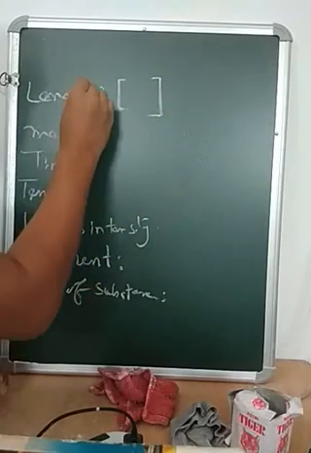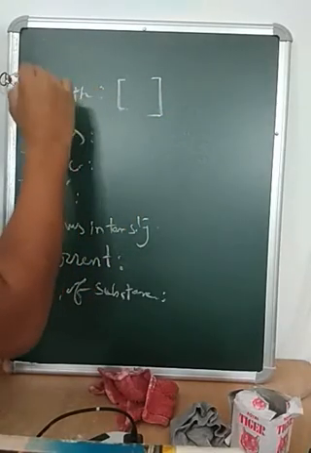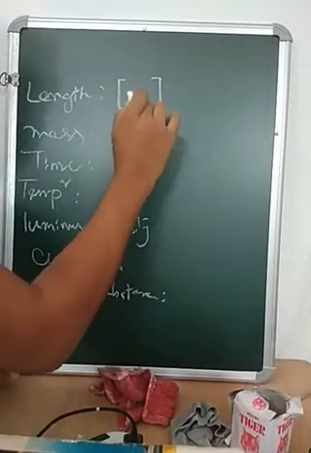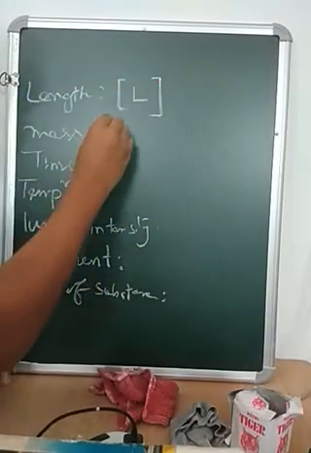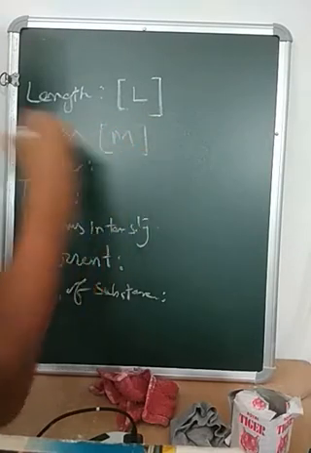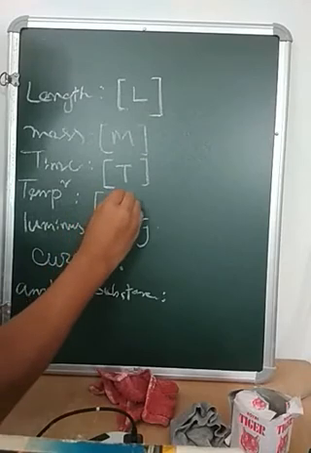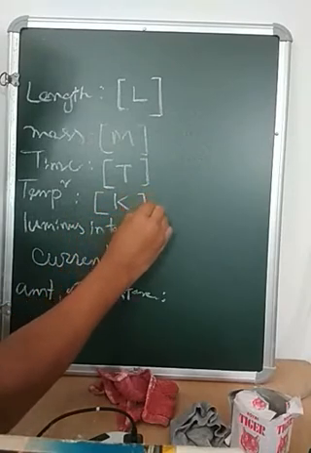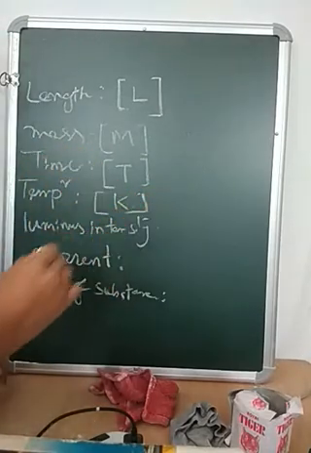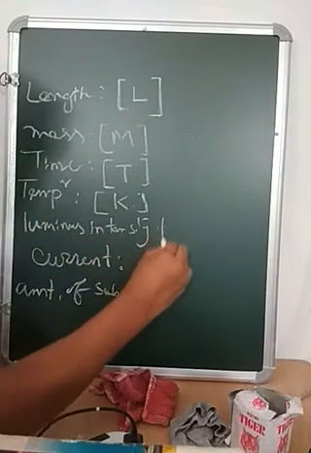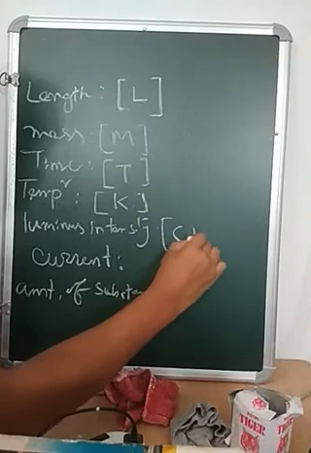For the base quantities, what are the dimensional formulas? For length, this is L. For mass, we represent M. For time, T. Temperature, we represent it as K. For luminous intensity, we represent candela, cd.